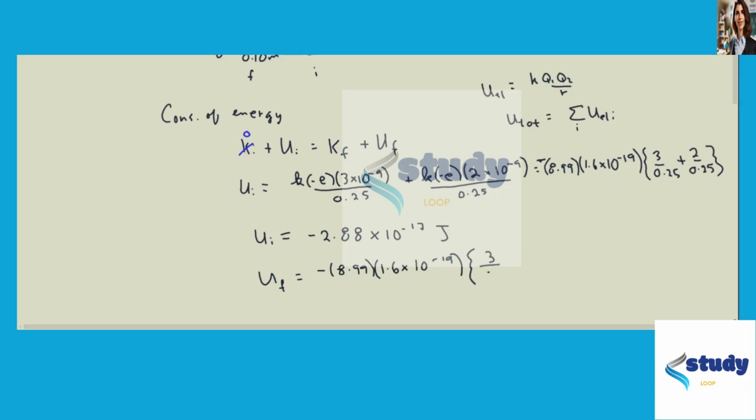The electron is 10 centimeters away from the 3 nanocoulomb and 40 centimeters from the 2. So we should have a more negative number. If we don't, we're doing something wrong, and it's time to rethink.